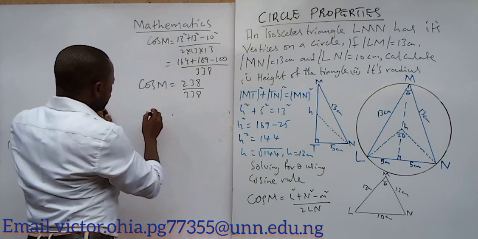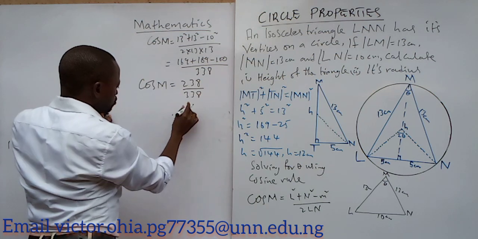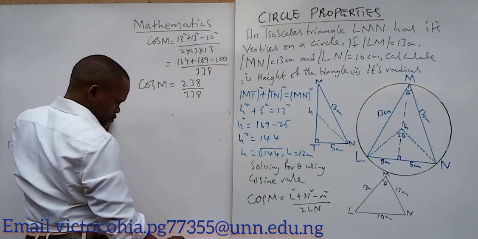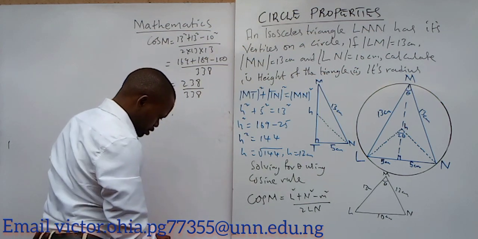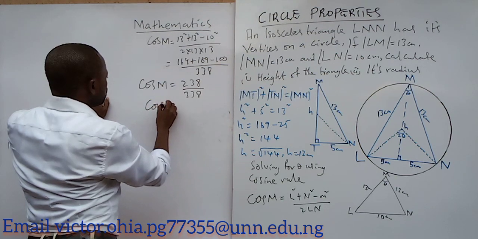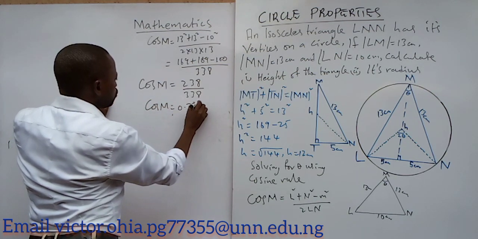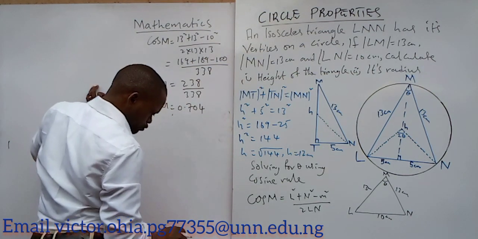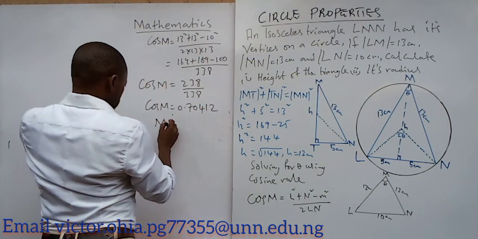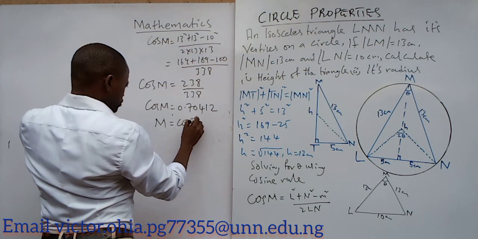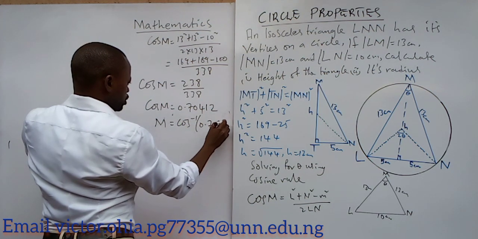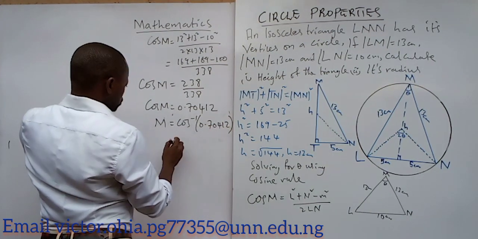Okay, so m, if you take this to decimal, we are going to have 0.704. So I have cos m equals to 0.70412. Okay, so m is equals to cos inverse of 0.70412.